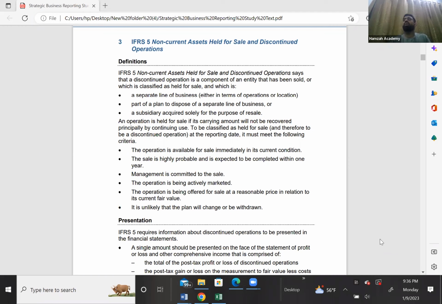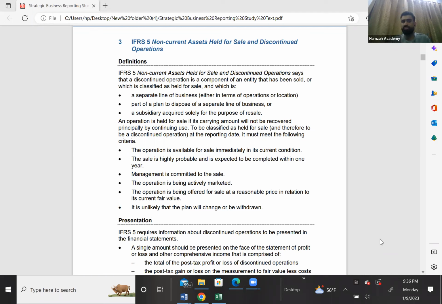Now, for discontinued operations, the requirement is very simple. The profitability of the discontinued operation should be disclosed separately in the profit and loss account. Their profitability and other comprehensive income should be shown separately from the continued operations.